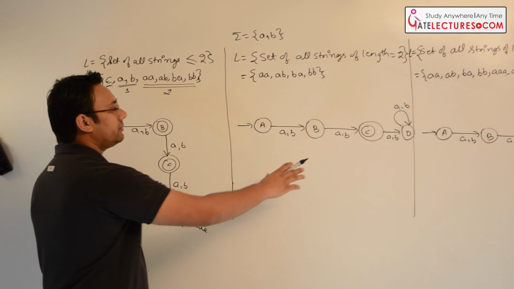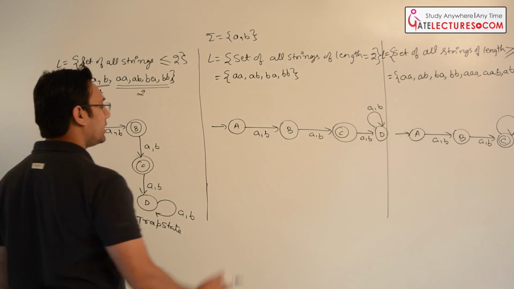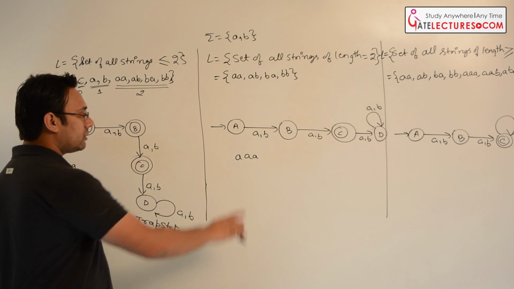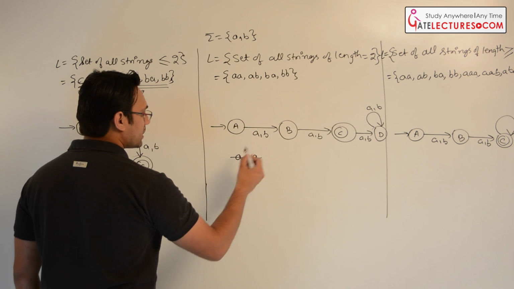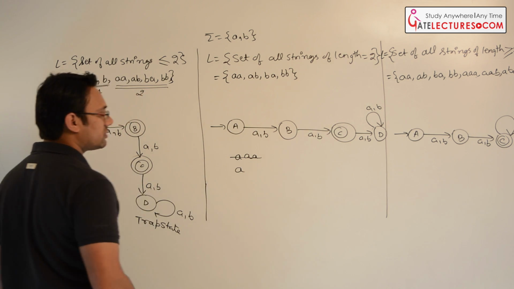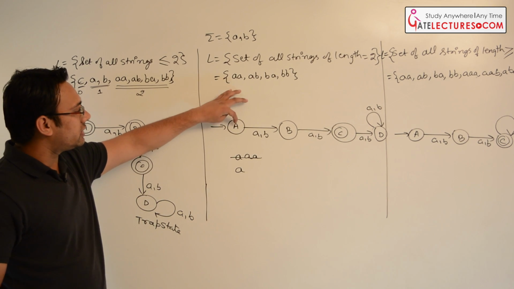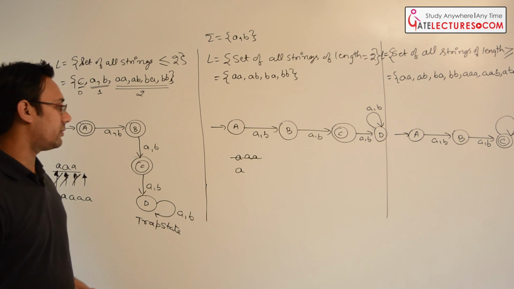Now if you see this diagram, here state D is acting as a trap state. Take a simple example first. Let us suppose we have a string of length 1. If we give the string of length 1, we'll go from state A to B, and B is not a final state, therefore this string is not accepted, right?